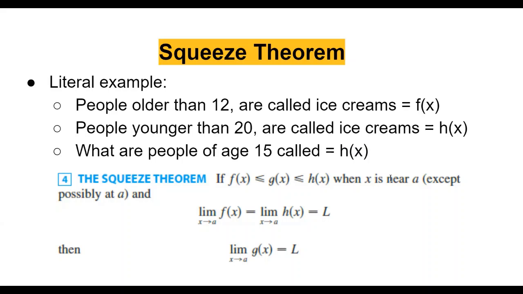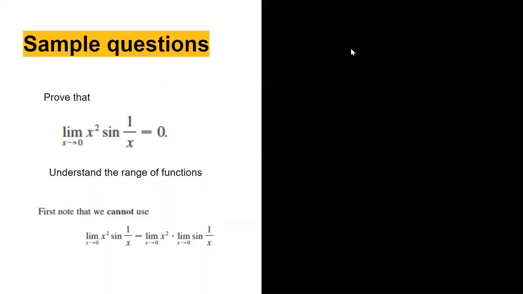Let's look at an example if that will help us out. This is our sample question. Prove that limit x tends to 0, x squared sine 1 by x is equal to 0. Now, one thing that you cannot do here is substitution. Why?